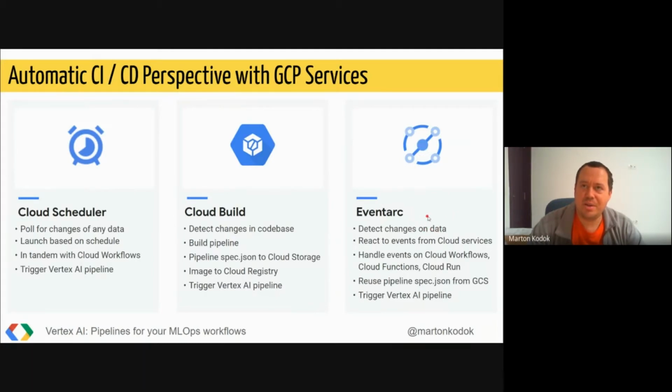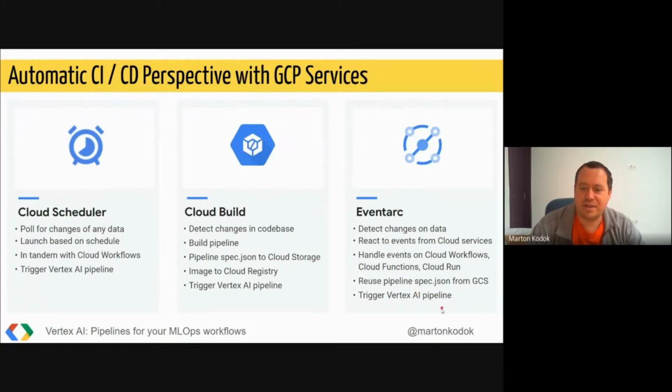You set a label on something. You get a pop-up event on a specific topic. All these are GCP services, so it handles the events. And for example, you can put that event in a Cloud Workflows environment or a Cloud Function where you have code that generates the specification or reuses an existing pipeline.